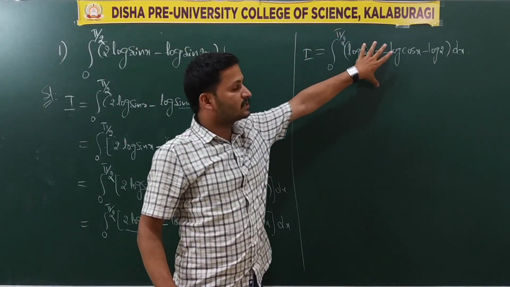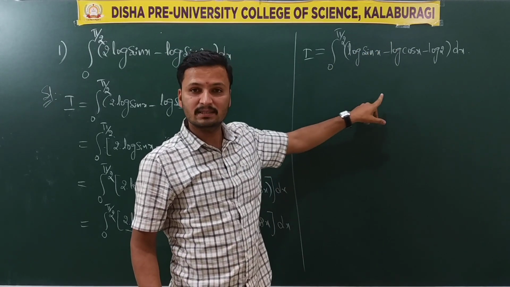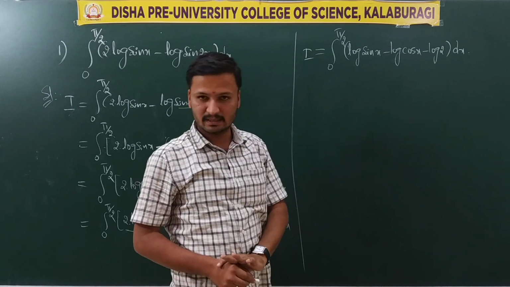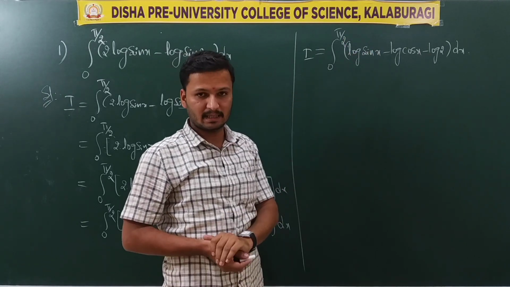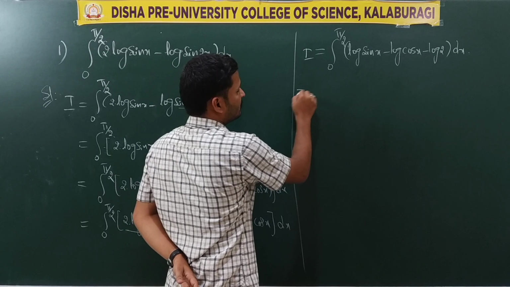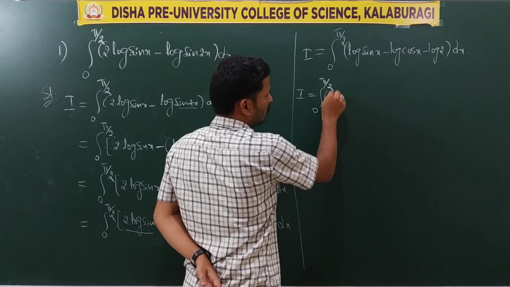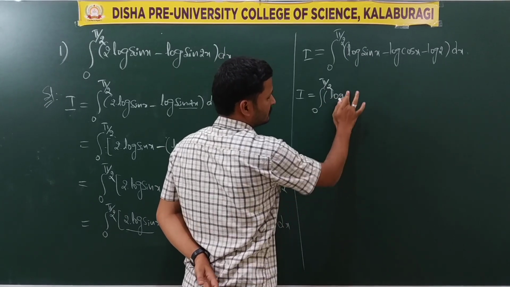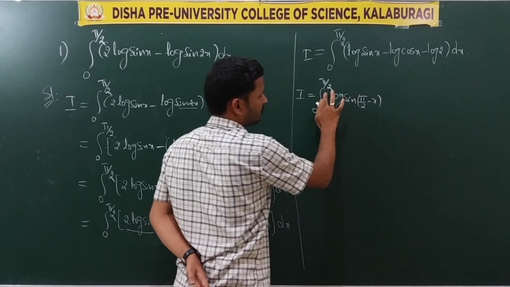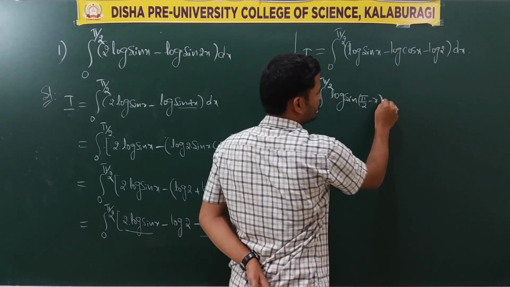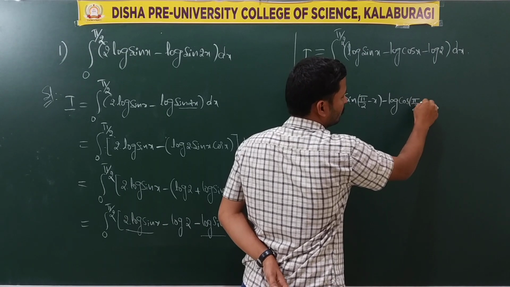Now here I will use the property, that is, the integral from 0 to a of f of x dx is equal to the integral from 0 to a of f of a minus x dx. That is, x is replaced by pi by 2 minus x. So by property number 5, integral I can be written as 0 to pi by 2 of log of sin of x, where sin of x can be written as sin of pi by 2 minus x. Next, here, minus log of cos x, that is cos of pi by 2 minus x.